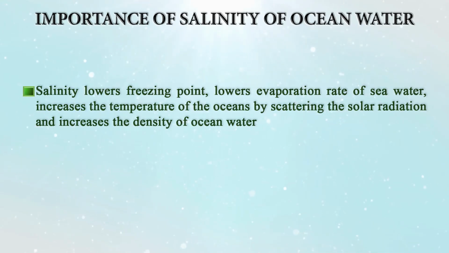Now salinity lowers the freezing point and increases the boiling point or lowers the evaporation rate of seawater. Let me explain this. Seawater contains dissolved salts, and suppose the most common salt present in seawater is sodium chloride.